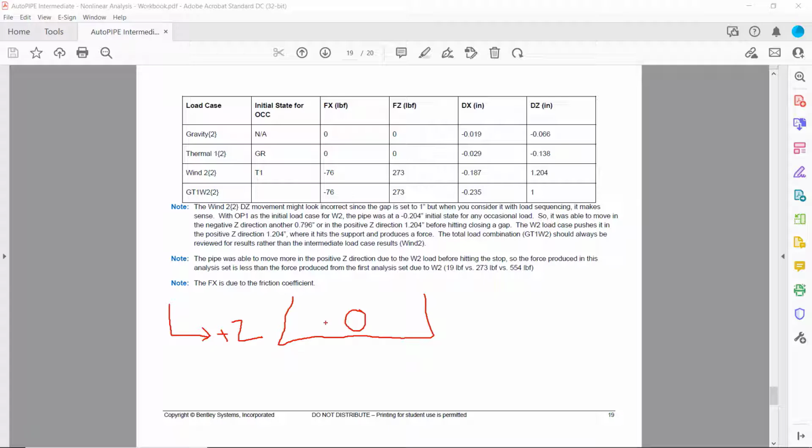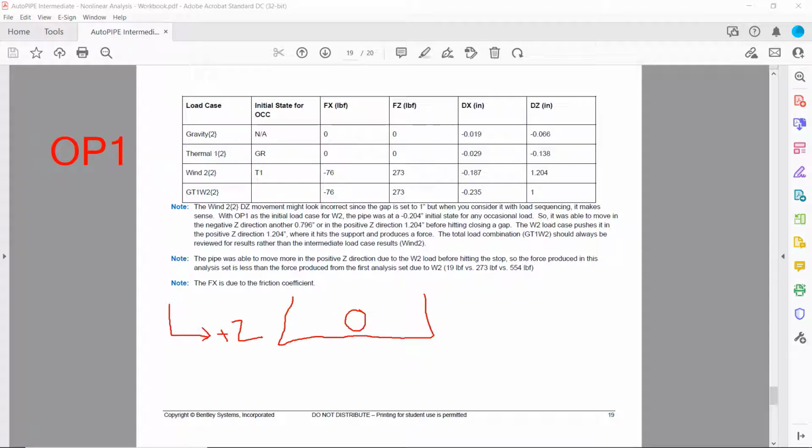So in this case, in this analysis set, we said that OP1 was the initial state for our wind 2 load. That means, in this case, that we're taking into account gravity, then thermal, and then the wind load. We didn't include pressure extension in this analysis, so we aren't including the movement from the pressure in this case.